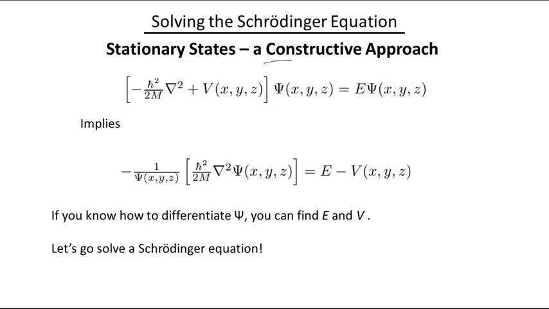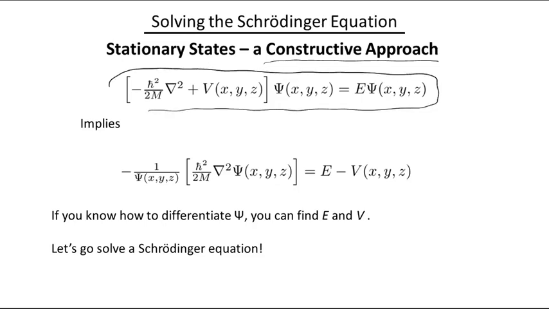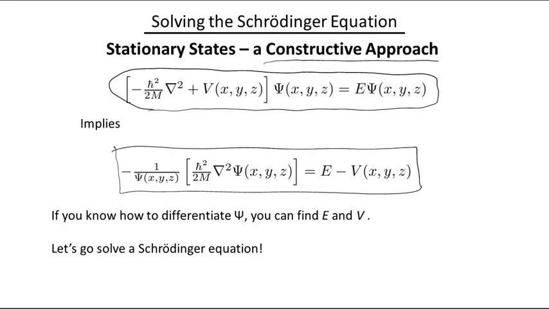This constructive approach that we're discussing now is actually extremely simple. Here's, for example, let's take a motion of a particle of mass m in a potential in 3 dimensions. Here's the Schrodinger equation for that, and by a trivial mathematical transformation, you can reduce it to this form.